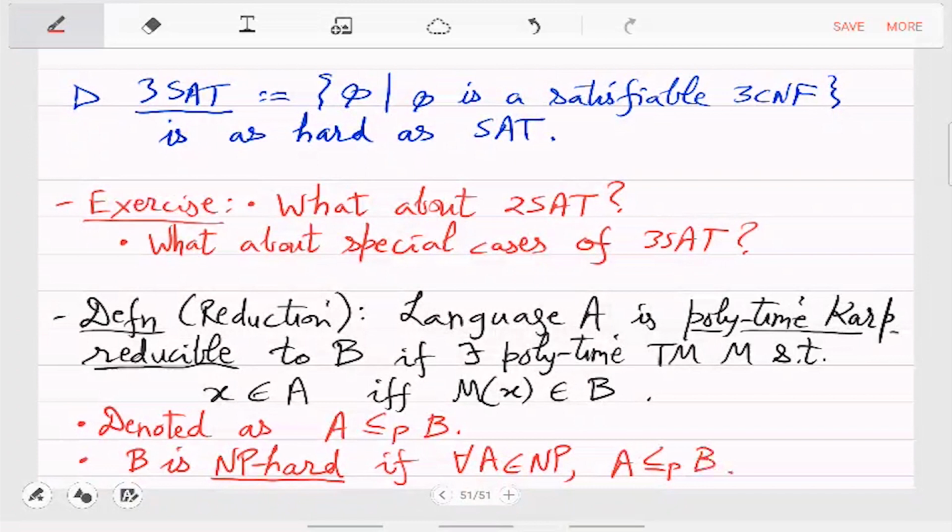So generally what is meant is that B is so hard that if you solve it, then you solve every problem in NP by using a polytime Karp reduction. Okay, so strings are kind of mapping from A to B.